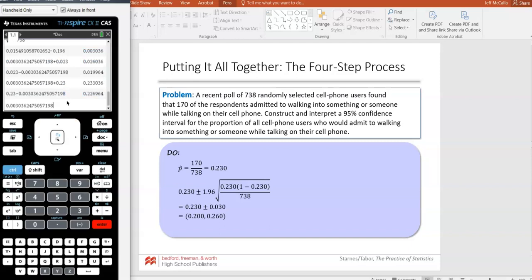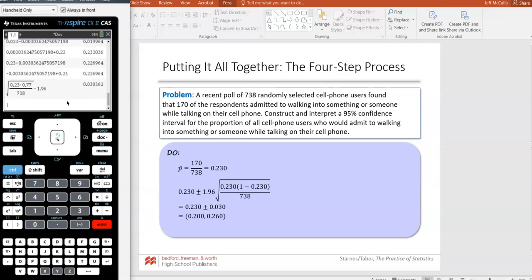So that is going to be minus that, so plus 0.23. That's my lower bound. I think I used the wrong number for that one. Boy, messed it up. So that part times 1.96. Get that number correct. So that's our margin of error.